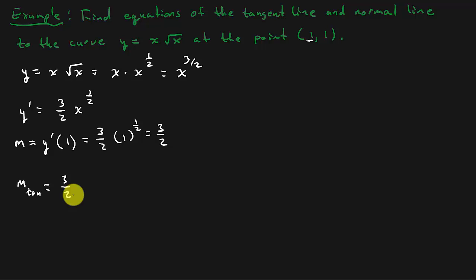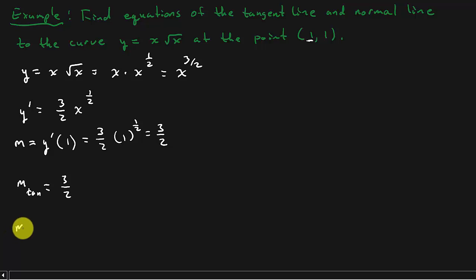I've got two separate problems here: find the equation of the tangent line, and then find the equation of the normal line. Now the slope of the normal line, I'm going to put a subscript norm, and this is the slope of the normal line. Remember, the slope of the normal line is the negative reciprocal. So that would be -2/3.